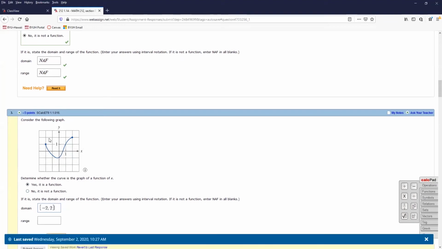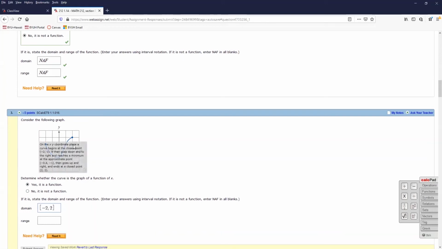That's -2 right there. And then the range goes from this value here, which is -1, up to 2.